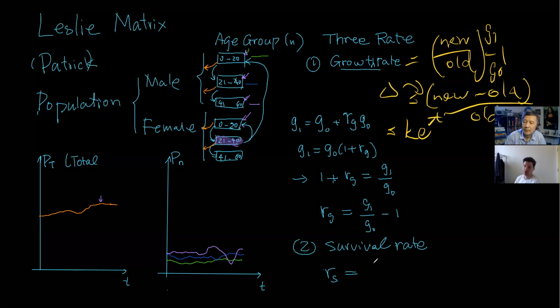I am not sure. So people decrease, right? Certainly, the survival rate. If the survival rate is 100%, there's no change. For example, if nothing happened, this group after 20 years will become the second group.